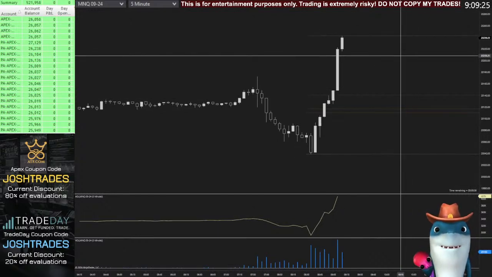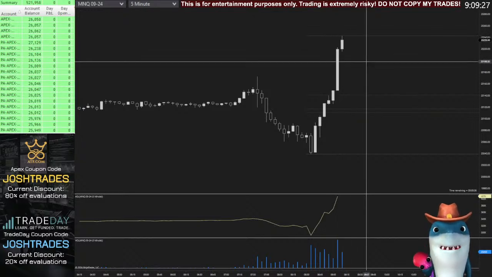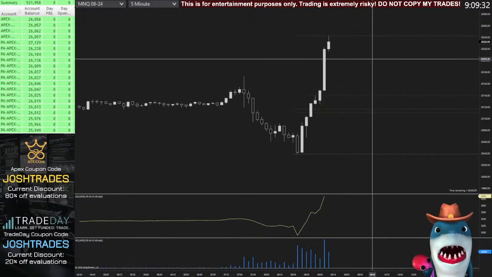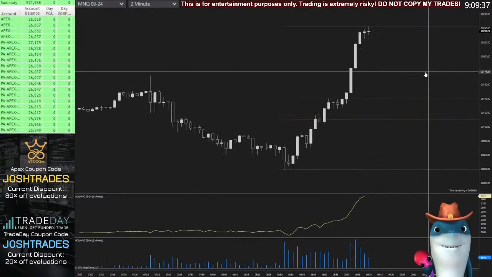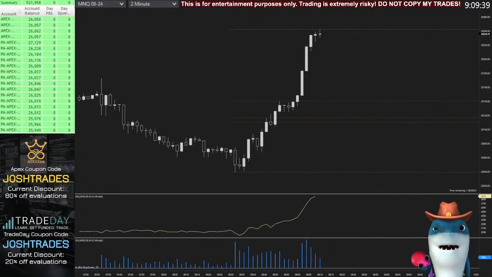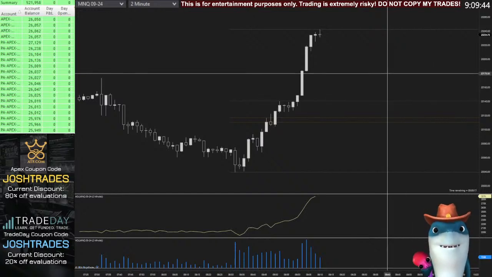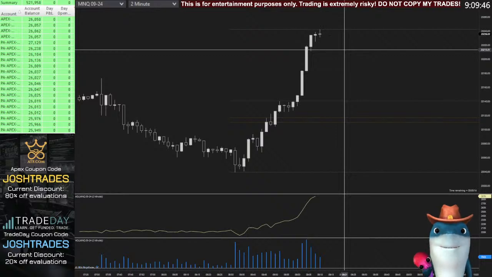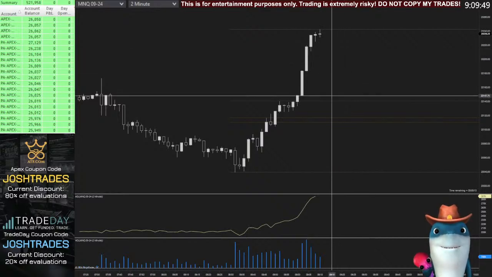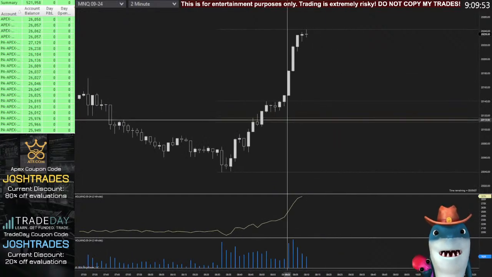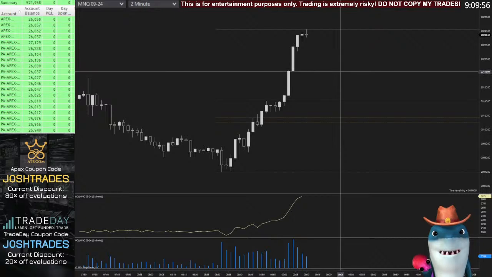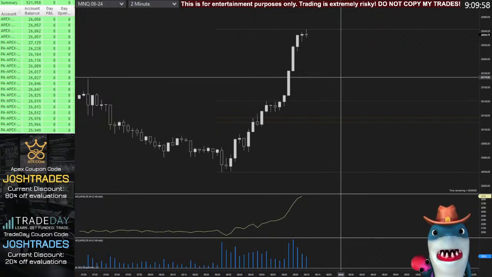I don't even know why I'm cycling through these different time frames. My setup isn't even close to forming right now. All right, probably just keep it on the 2 minute. Man, I was really hoping that we'd have a little more choppiness so I could actually take a trade for y'all to see.